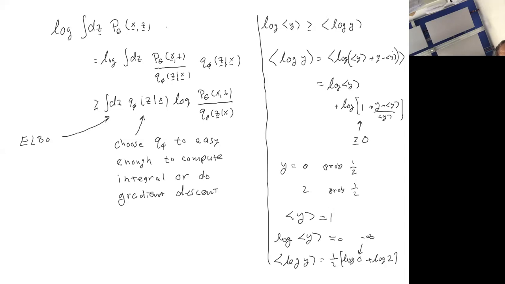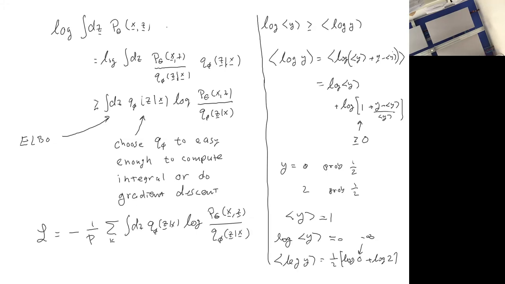So your loss L is minus this, 1 over P, the sum on K of this quantity, the integral dz of q phi of z given x times log p theta of x and z over q phi of z given x.